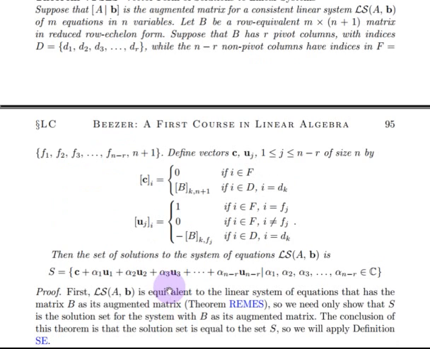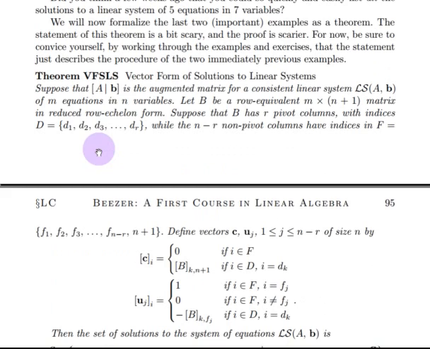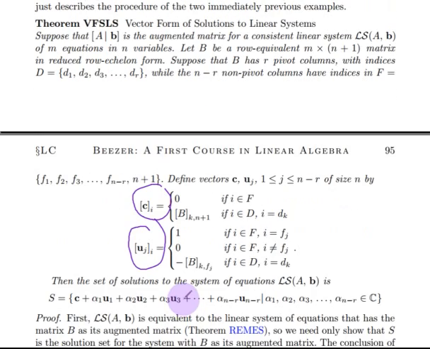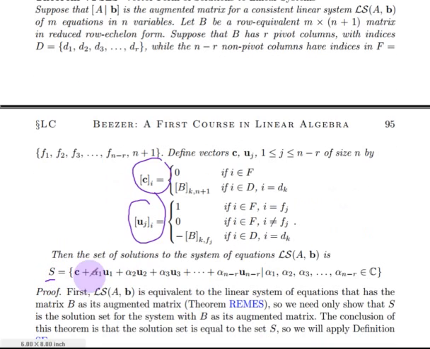Now, what we just saw looks very familiar, looks very much like this. If you remember, this theorem said that to find a vector form of a solution to a linear system, you define a vector based on the constants here, and you define a vector based on the non-pivot columns here. And then you can write the solution as a sum of vectors.